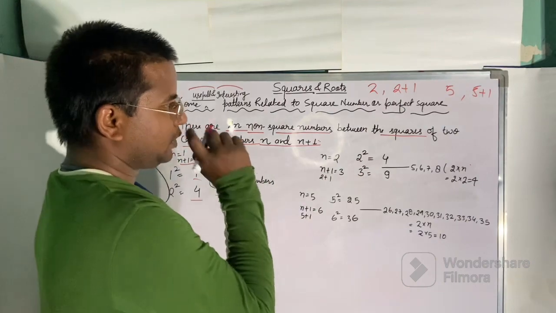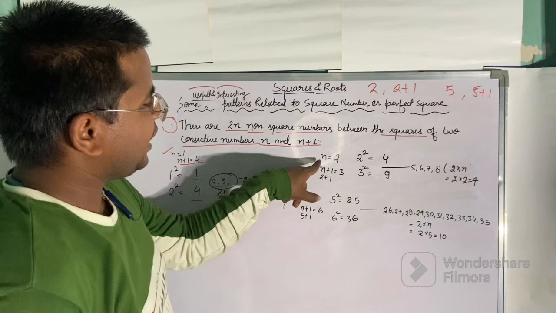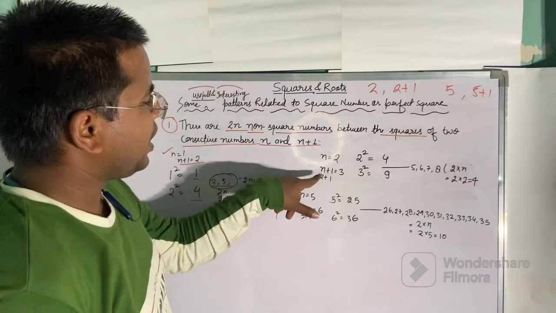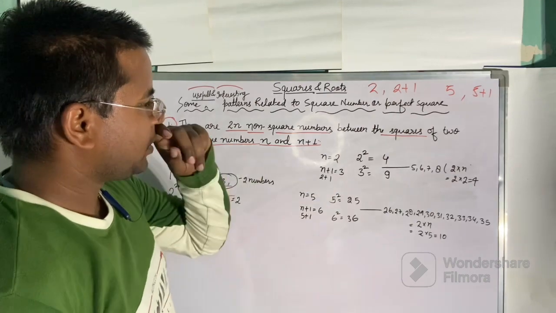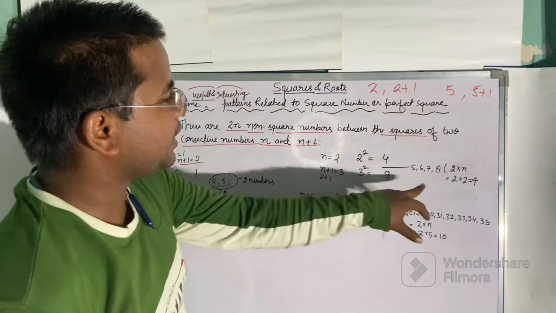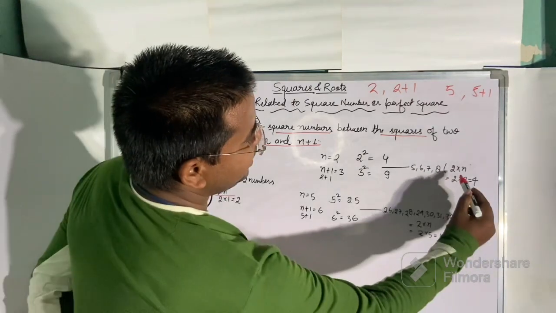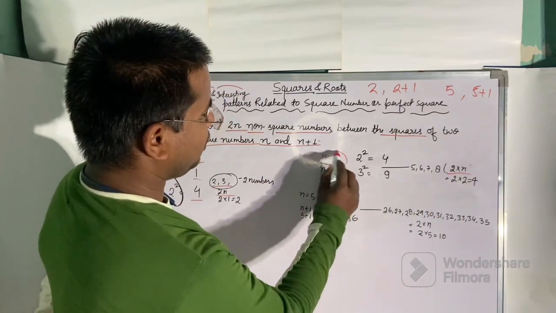There is another example. The two consecutive numbers are 2 and 3. So the value of n is equal to 2 and the value of n plus 1 is equal to 3. So between the squares of these two consecutive numbers there are 2n non-square numbers, and here the value of n is equal to 2.